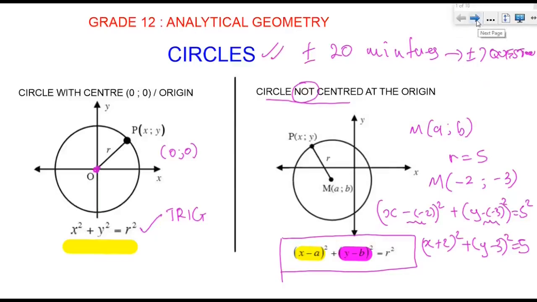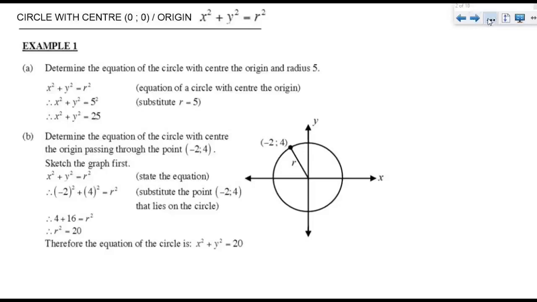Okay, let's look at some examples. The first example that we're going to study, it's in your notes, is: determine the equation of the circle with the center at the origin. Read the question carefully, and radius is 5. In other words, r is equal to 5.